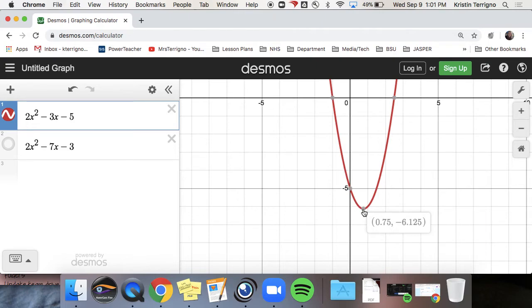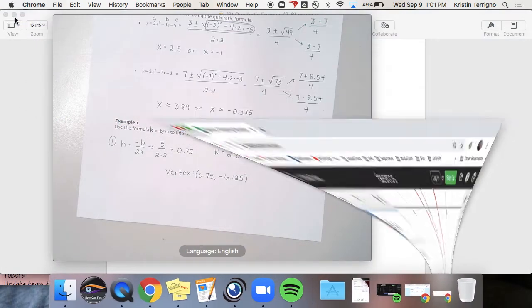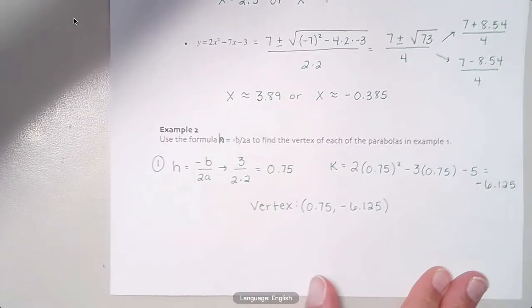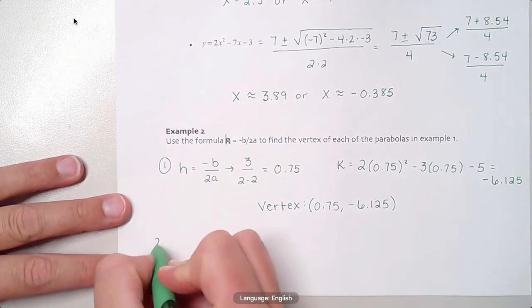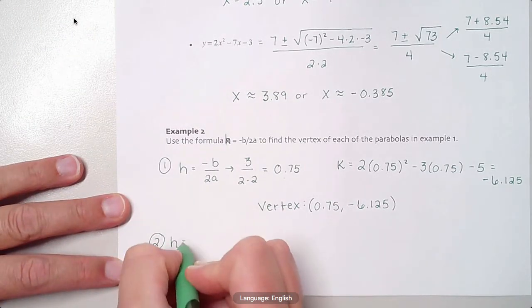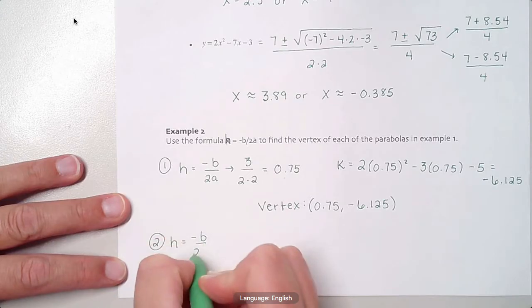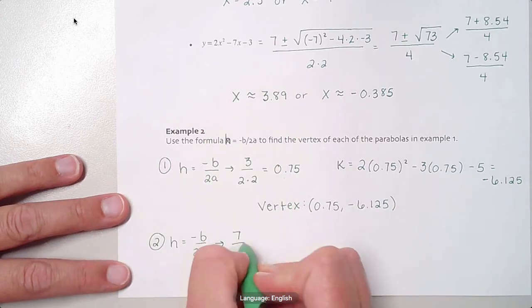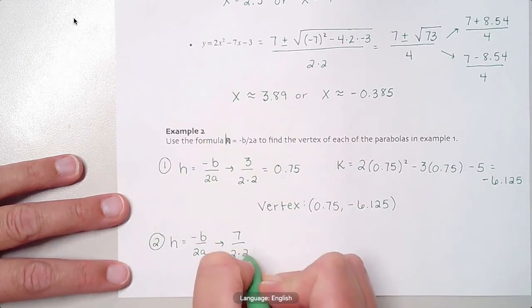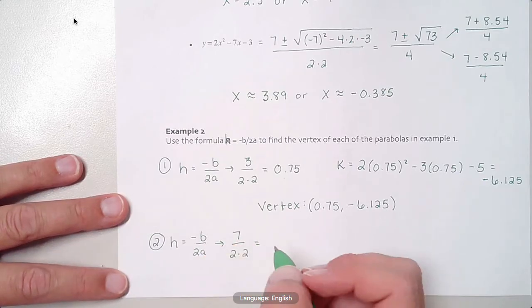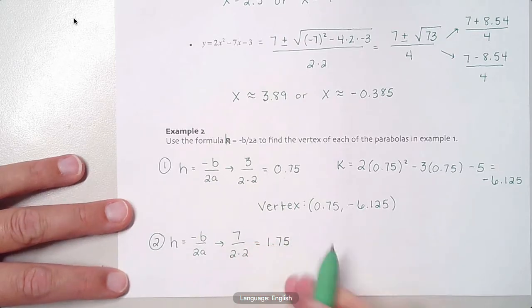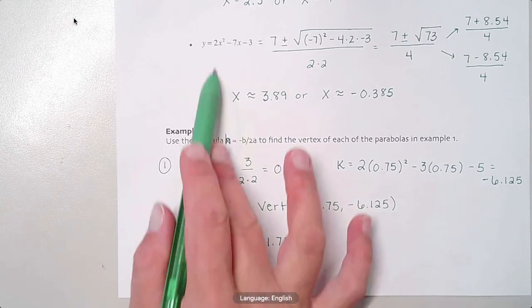Okay. You may want to pause the video right now and give the second one a try. Why don't you try finding h and k on your own? So in this one, negative b would be positive 7 over 2 times my a value of 2. 7 over 4 is going to be 1.75 for h. And then remember, we're going to find our k value by plugging this into the equation itself.